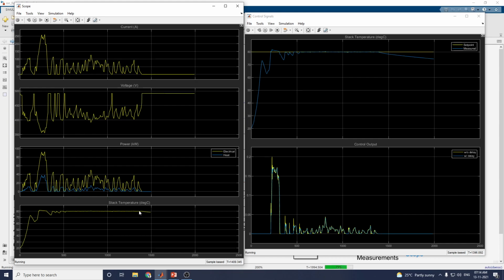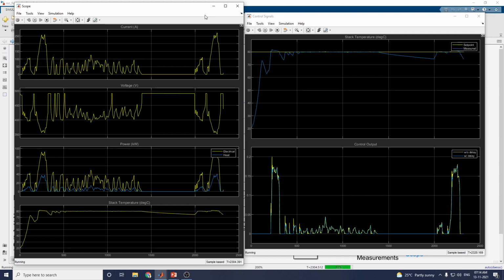Here the 80 degrees Celsius is constant, you can get. These are the outputs of this fuel cell system Simulink model built using the Simscape physical modeling toolbox.